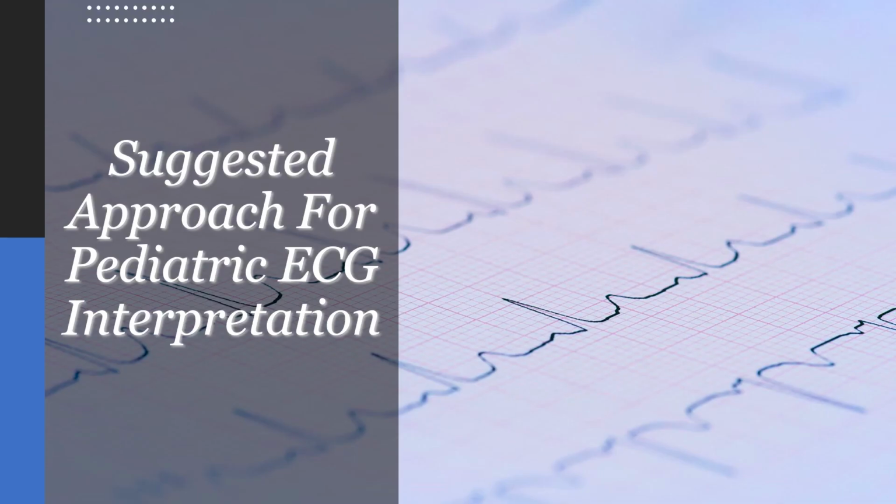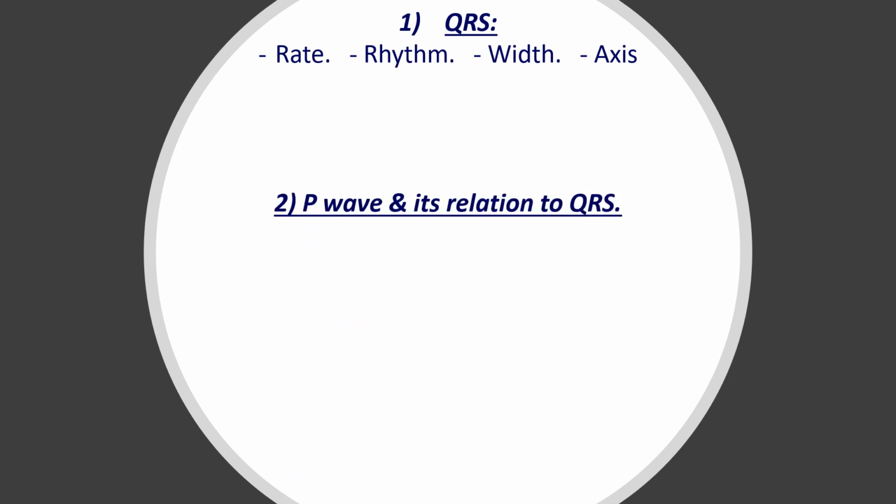So let's talk about a suggested approach for pediatric ECG interpretation. Last week we talked about the adult one, and this week we're going to talk about the pediatric one. And guess what? It's exactly the same approach. You look at the complexes, you look at the QRS, and then ask yourself 4 questions: what's the rate doing, rhythm, width, and axis?